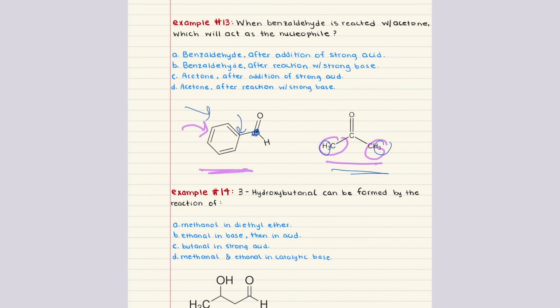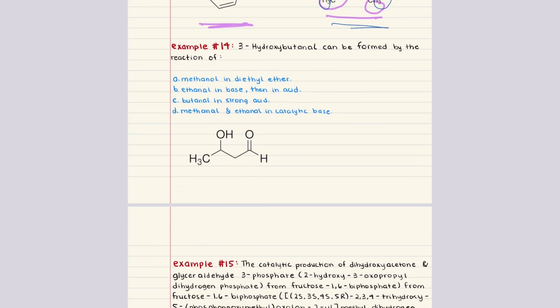The carbonyl of benzaldehyde is highly electrophilic, and that makes it an ideal target for nucleophilic attack. So although both molecules contain carbonyl groups, only acetone can form an enolate, and therefore only acetone acts as the nucleophile. All right, so the correct answer here is going to be D. Acetone after reaction with strong base.